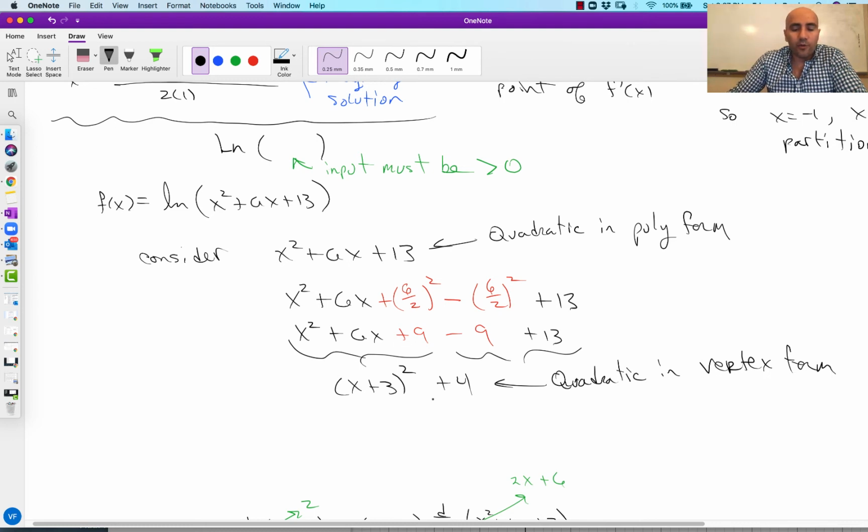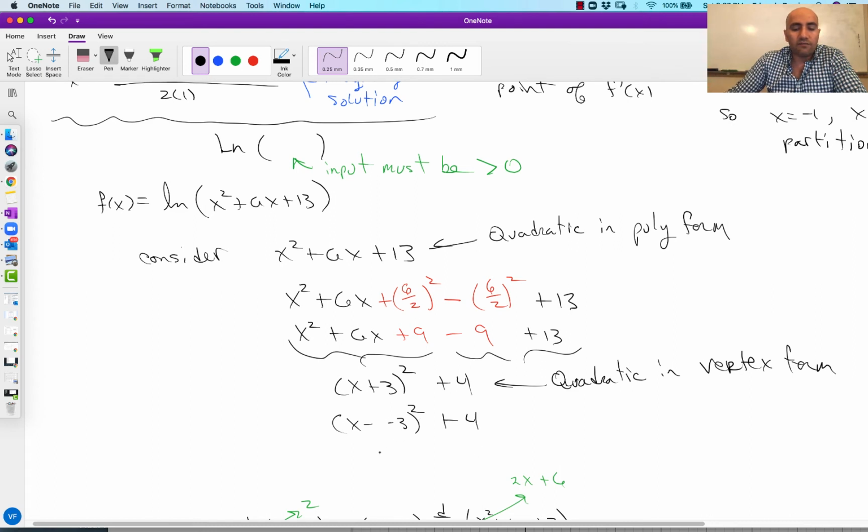And the advantage of putting it in vertex form is that I know very easily that it's going to have a vertex at the point -3, 4. This is x minus -3, squared, plus 4.